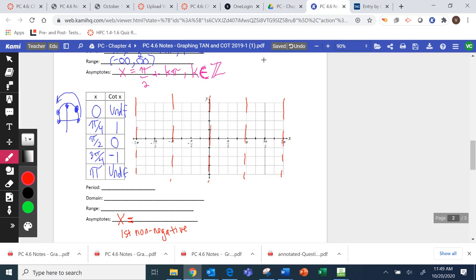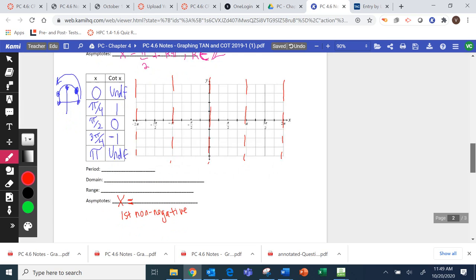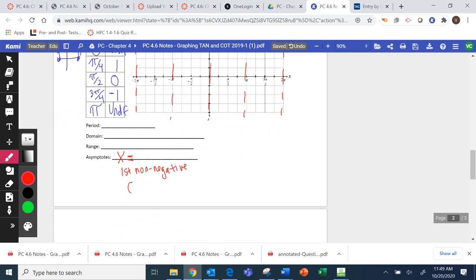So I'm not going to write the 0 because it is 0. Does everybody understand I'm not writing the 0? Maybe I'll just write it off to the side. 0 plus, how far apart are they? Pi, so we'll do k pi. Now I'm going to simplify that. K pi. And k has to be an element of the integers. So there's my asymptotes.